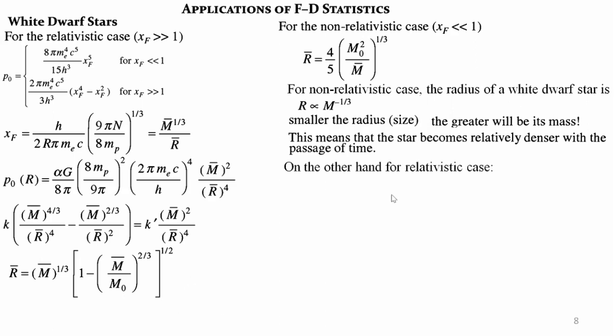This will be going from this description to this description, and that's what will make it more interesting. On the other hand, if we try to see the relativistic case, then we can see here that there is no problem, but here is a problem, that we have a number sitting here, m naught. Now in this equation you should see that if m naught is less than m bar, then m bar is greater.